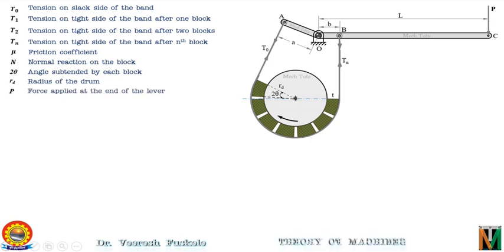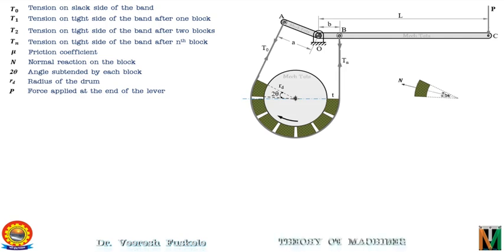Now let's consider one block and see what are the forces acting on it. So let's take this first block out. Each block embraces a short arc on the drum, subtending an angle of 2 theta at the center of the drum. This first block is in equilibrium under the action of the following forces. First, there will be a normal reaction of the drum on the block as shown.